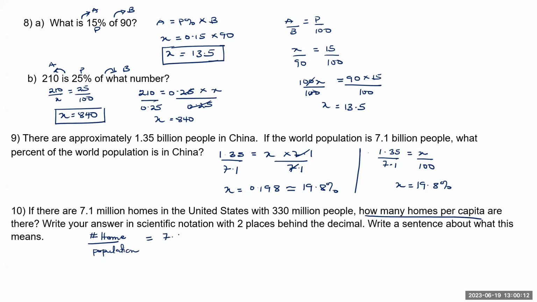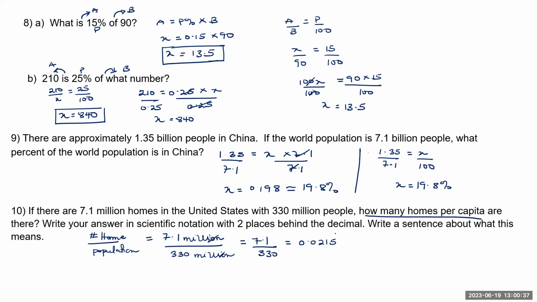So you have 7.1 million, or you can also express this as powers of 10, and then you have 330 million. So these two cancel out. So you literally have just 7.1 over 330, and that is 0.0215.